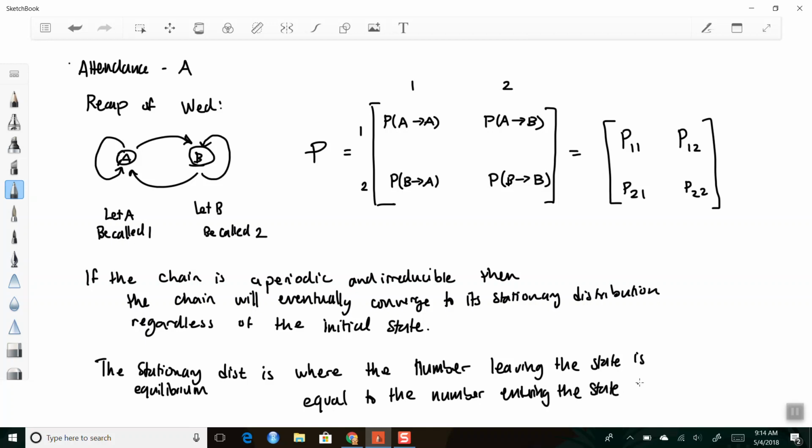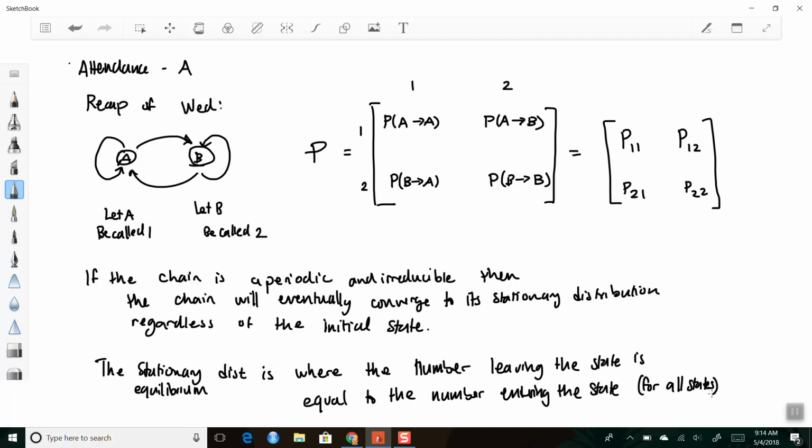Okay, and this for all states. So the stationary distribution occurs when, for every state, the number leaving is equal to the number entering. Right? I think that makes sense.